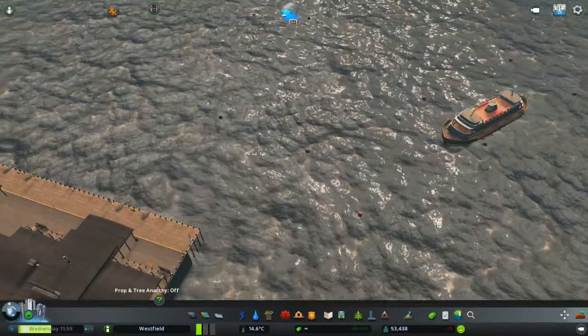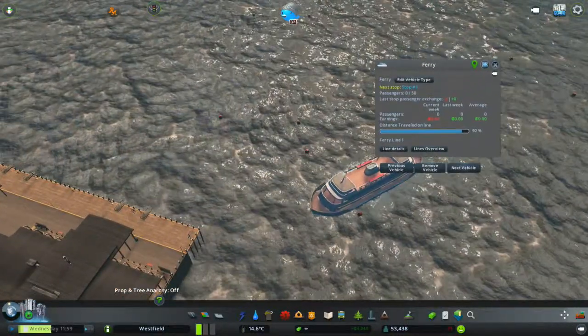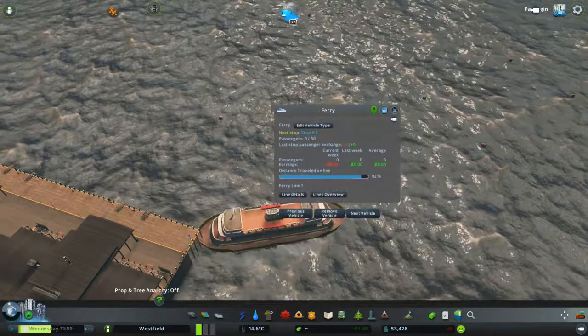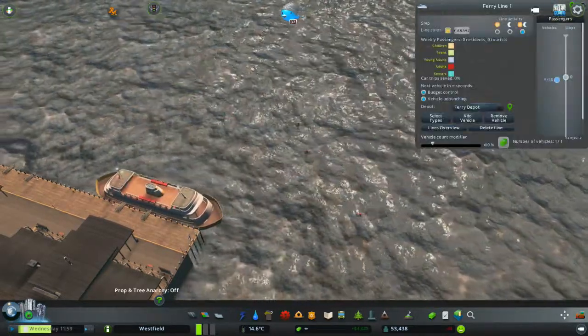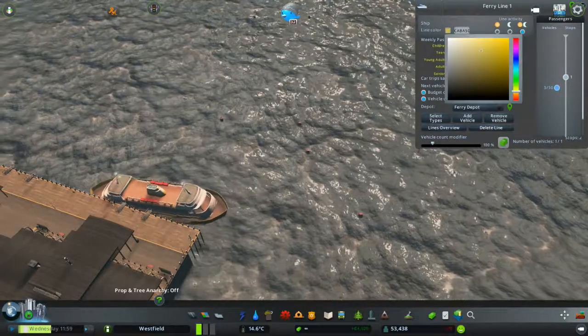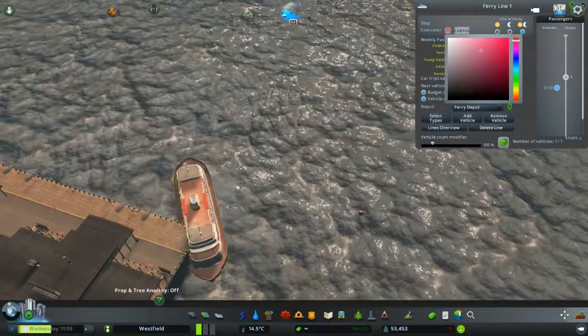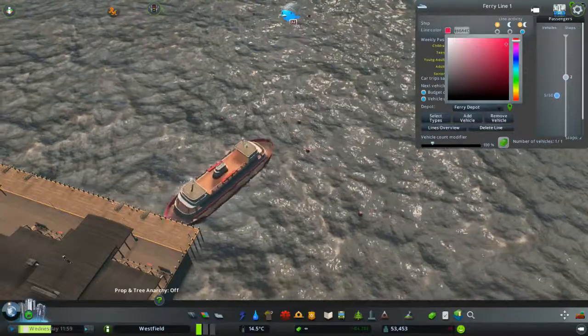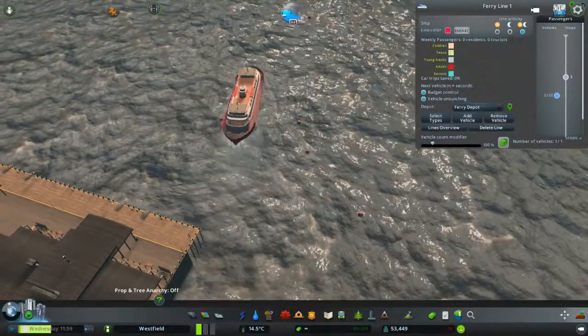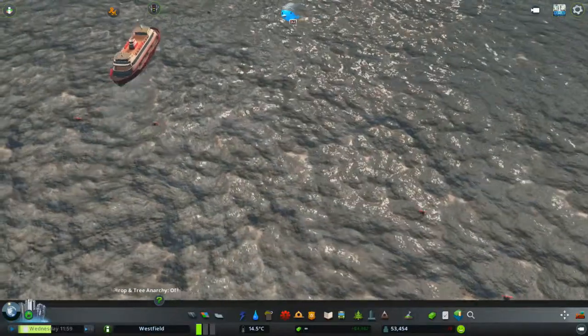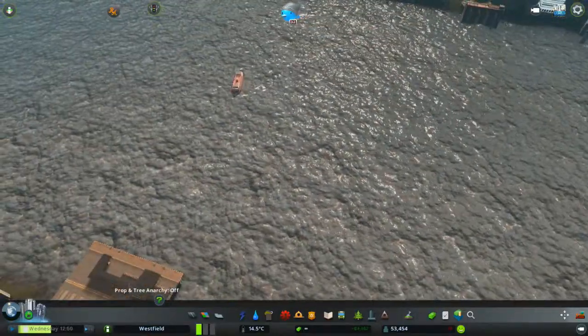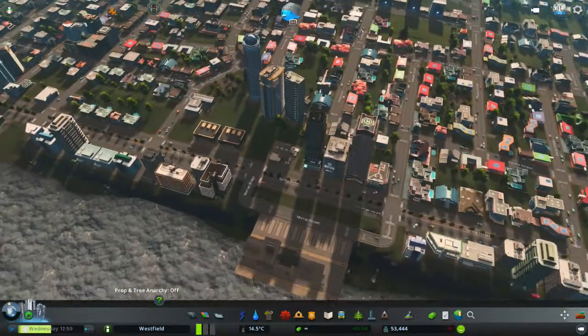What colour did we give it? Oh, let's give it a bit more colour, shall we? Let's make it a nice bright red. That's good. Job done. So the ferry is now going backwards and forwards, one side to the other.